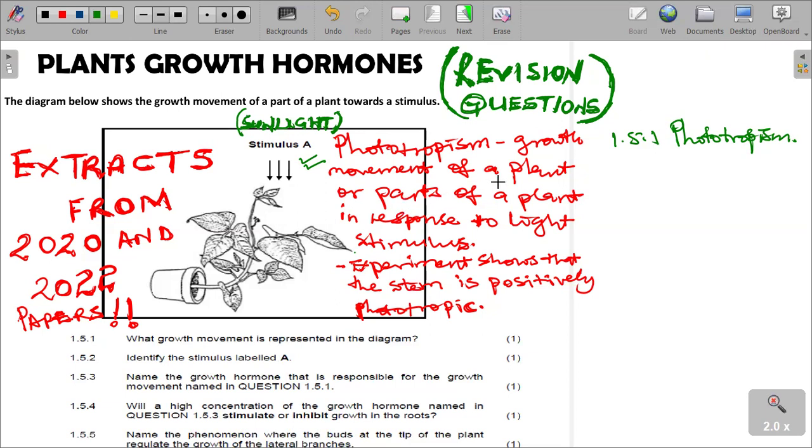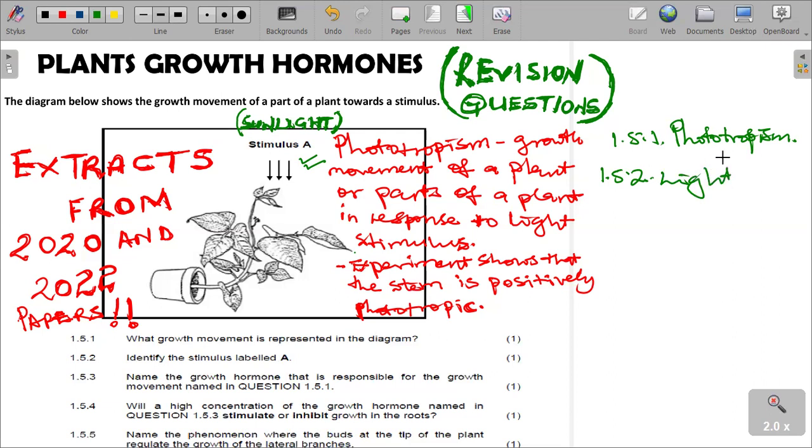Then, identify the stimulus labeled A, question 1.5.2. We have already answered it: it is light.